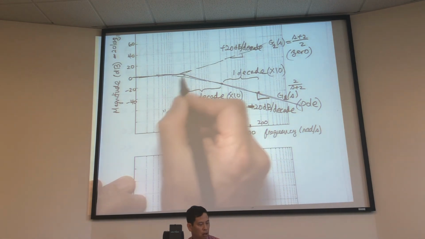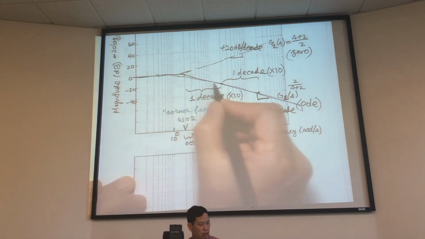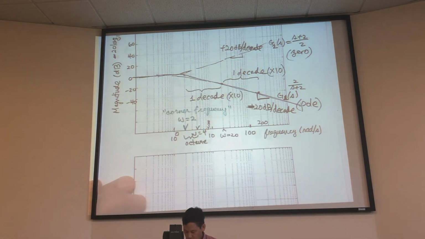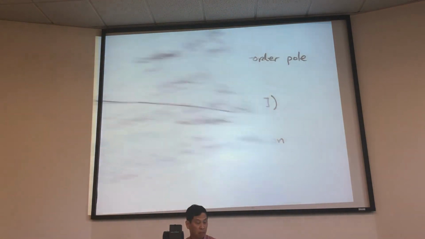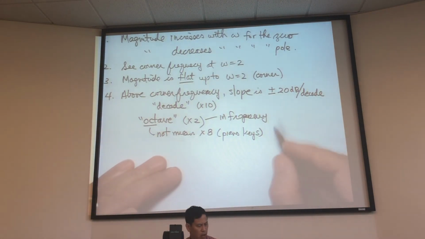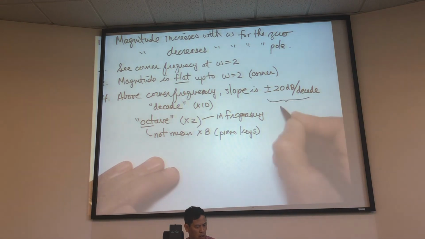Okay? So if I go away an octave, we want to know how much does it fall, or how much does it increase. Okay? The answer is, this is approximate. Let me come back. The slope is plus or minus 6 dB per octave.